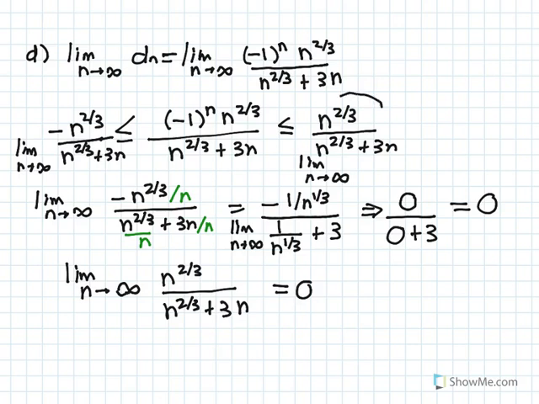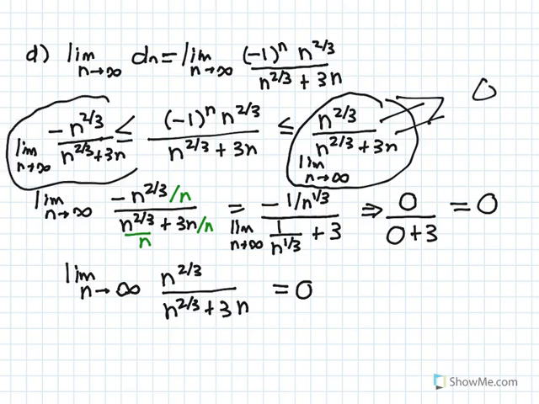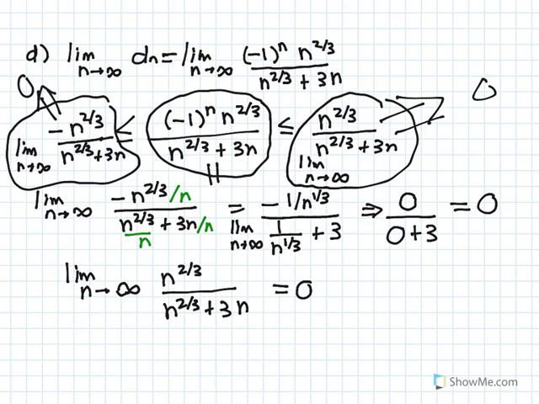So we have shown that the expression on the right approaches 0. The expression on the left also approaches 0 as n goes to infinity. So the middle expression, for which we are trying to find the limit, will approach 0 because of the squeeze law.